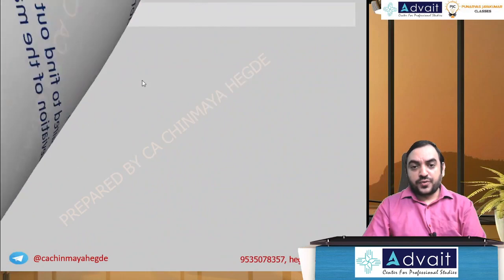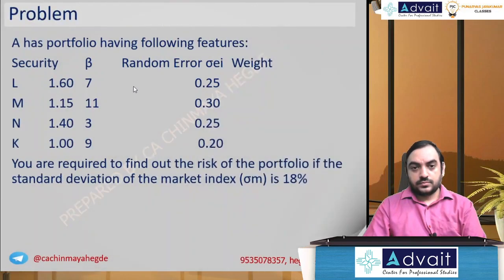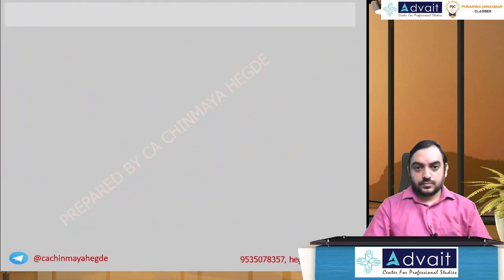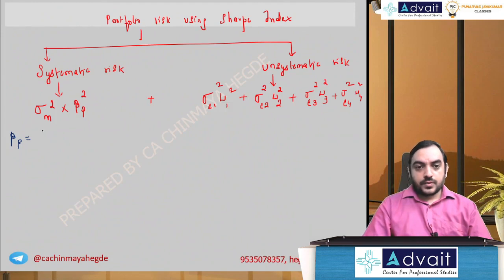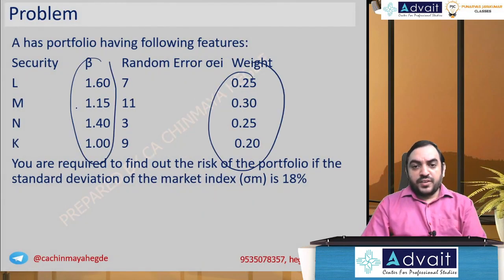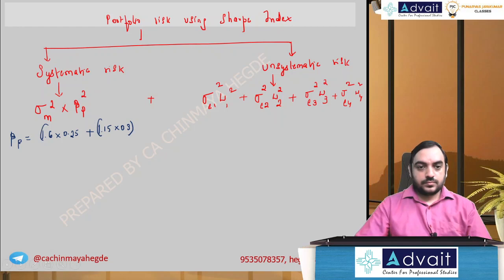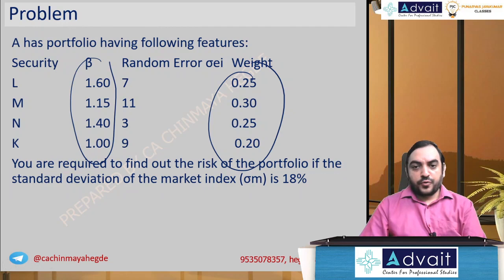So 1.6 into 0.25, 1.15 into 0.3, 1.4 into 0.25.